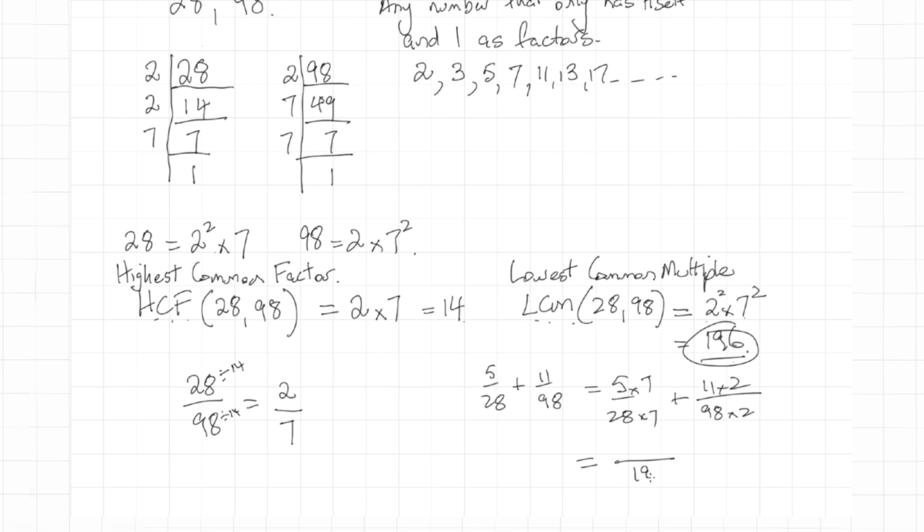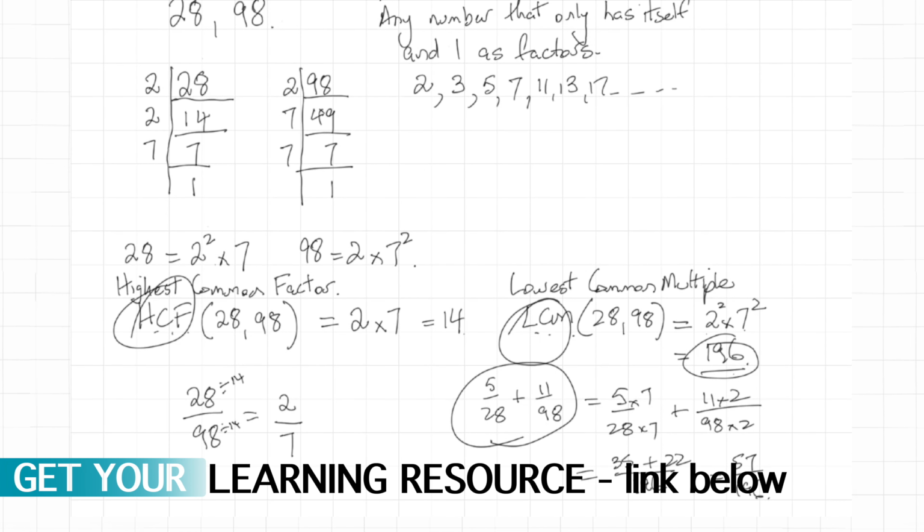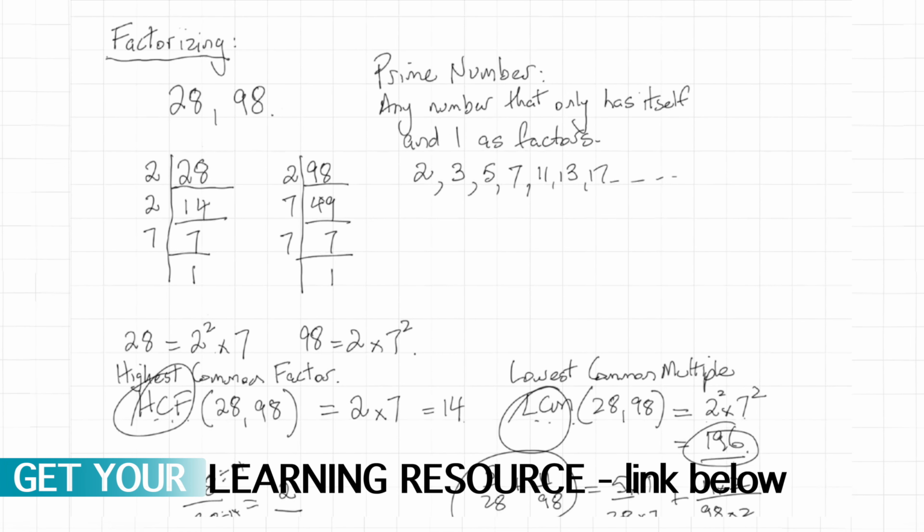Then you've got 196, and you'll be able to add your fractions, 35 plus 22, and so on. So you've got 57 over 196. So the LCM is used when we are adding fractions. The HCF is when we're trying to cancel fractions down. Prime factorisation is worthwhile remembering because it's going to help us with some of the algebraic stuff we're about to do.